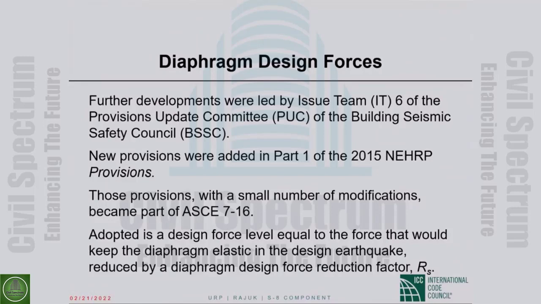These days, part one of the NEHRP, so first of all, 2015 NEHRP provisions adopted ASCE 7-10 and then made a small number of modifications in part one to the provisions of ASCE 7-10. One of those modifications was a different diaphragm force level.